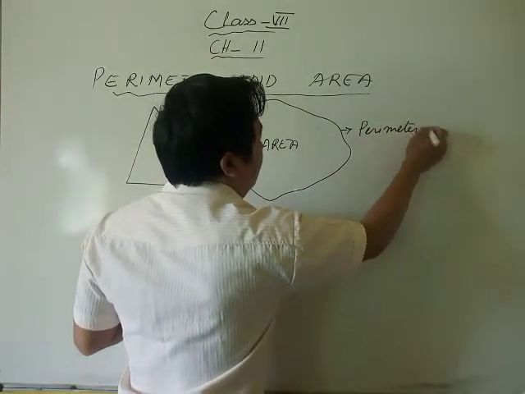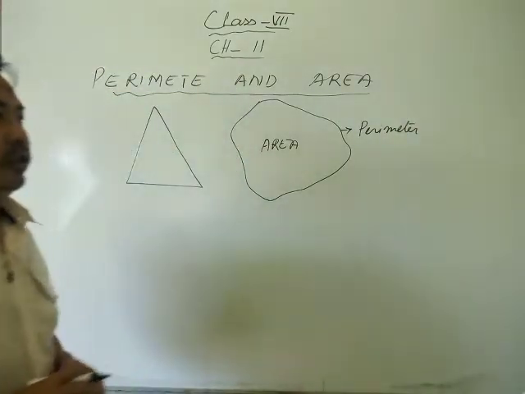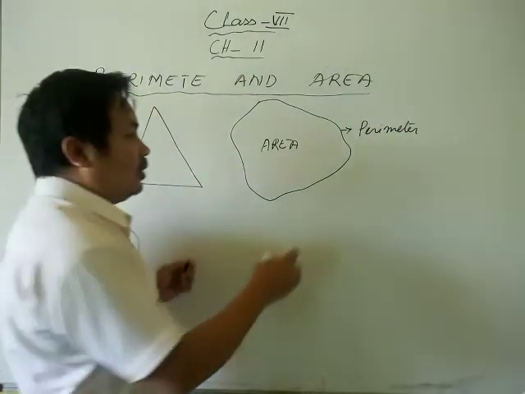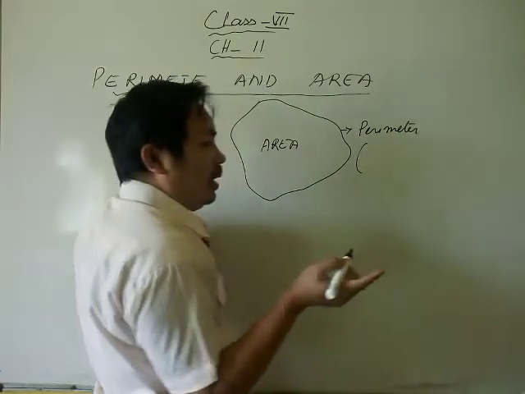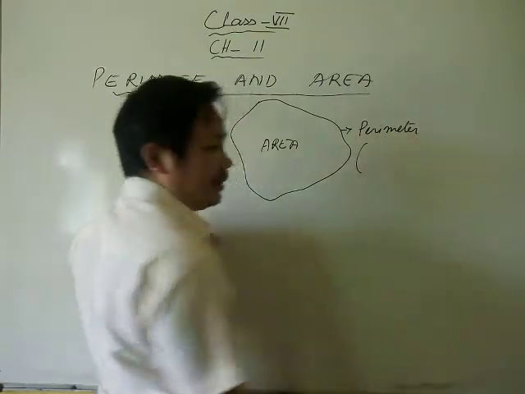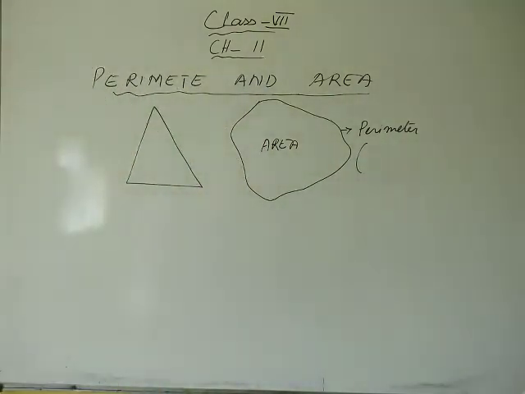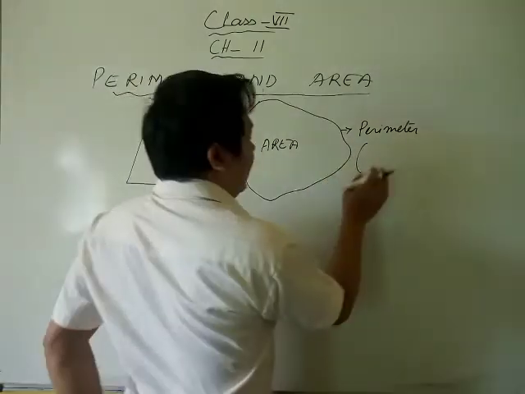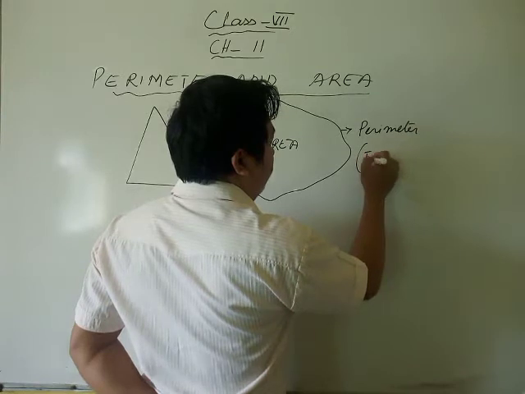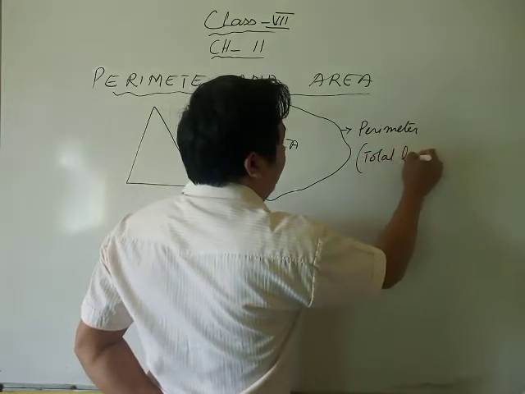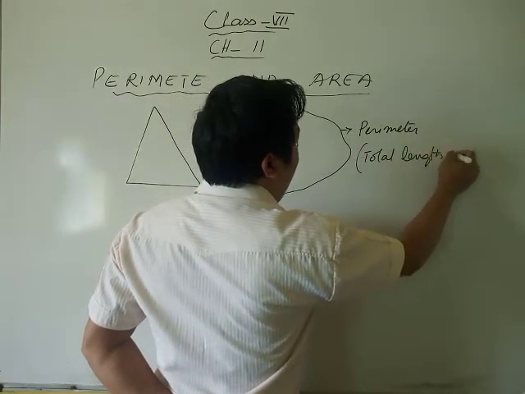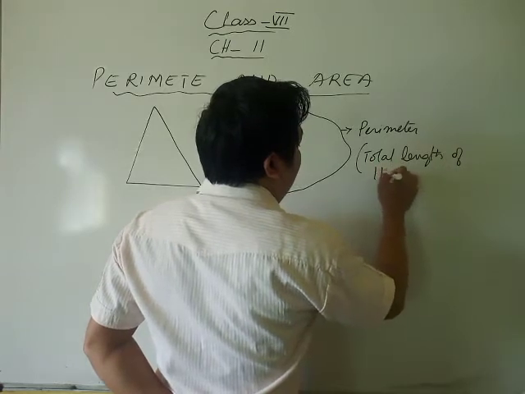So this is the only thing that we have to know about. So what is the perimeter? We can simply understand the perimeter as the total length of the boundary.